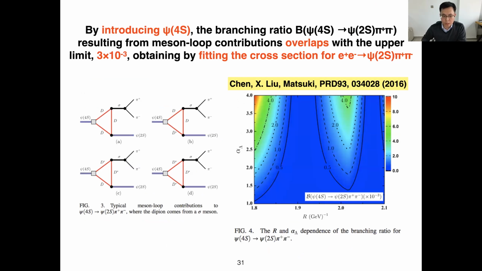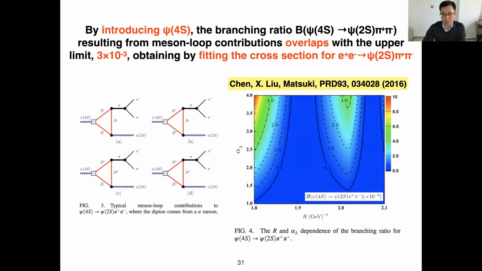We also studied the hidden-charm decay channel for the psi(4S). We studied psi(4S) to psi(2S) pi+pi- and made a comparison with the experimental data. You can notice that we can also reproduce the branching ratio from the experimental measurement.